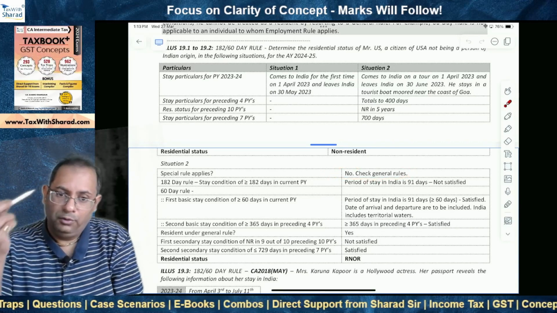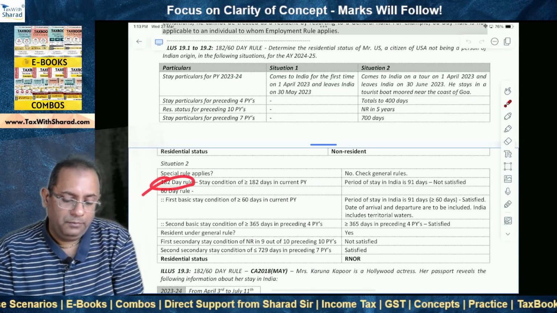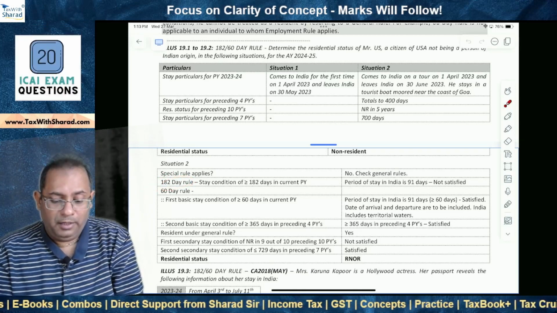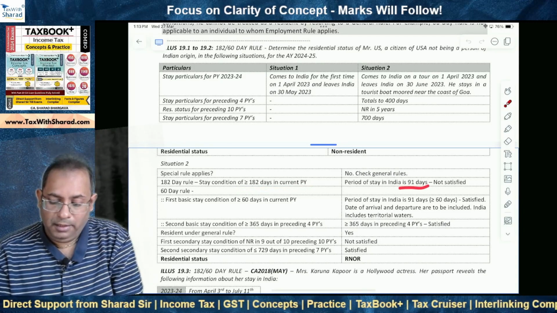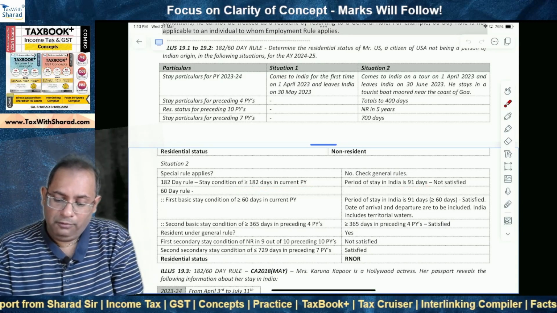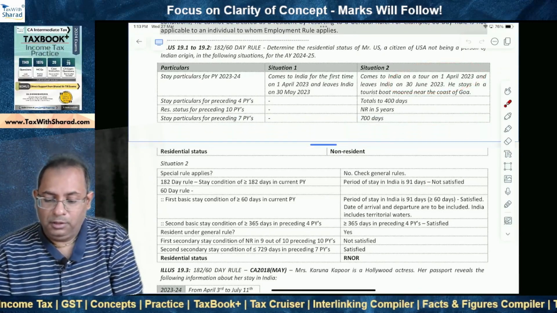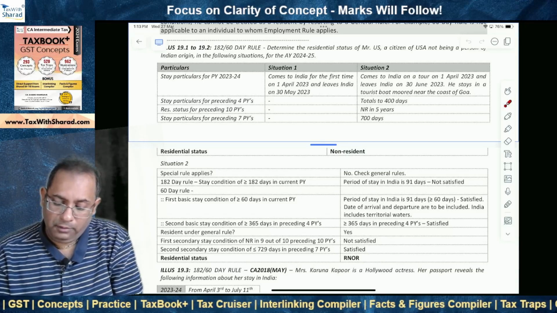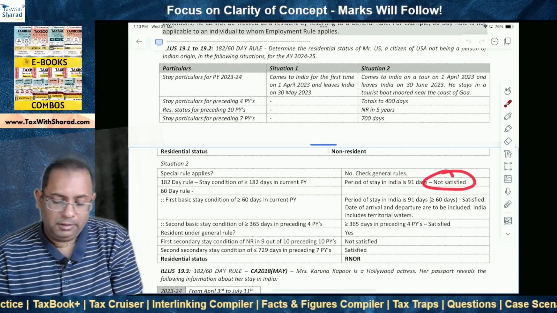So what do we do? We go and check the general rules. General rule, first we check the 182-day rule, and the basic stay condition is 182 days or more in the current previous year. And what is the period of stay here? It is 91 days. If we compute 1st April 23 to 30th June, both dates inclusive, it will be 91 days. It is not 182 days or more, so this is not satisfied.